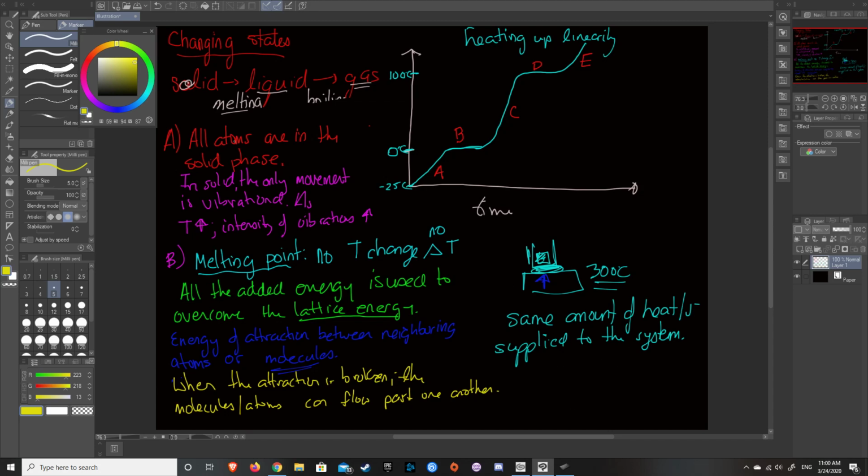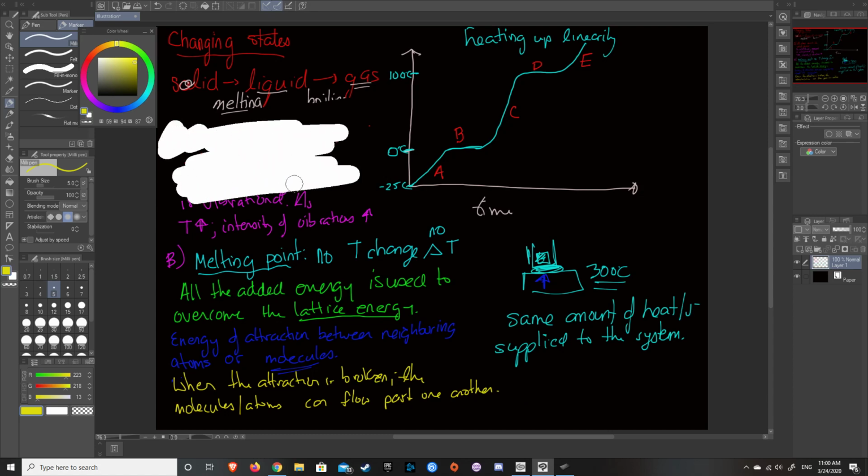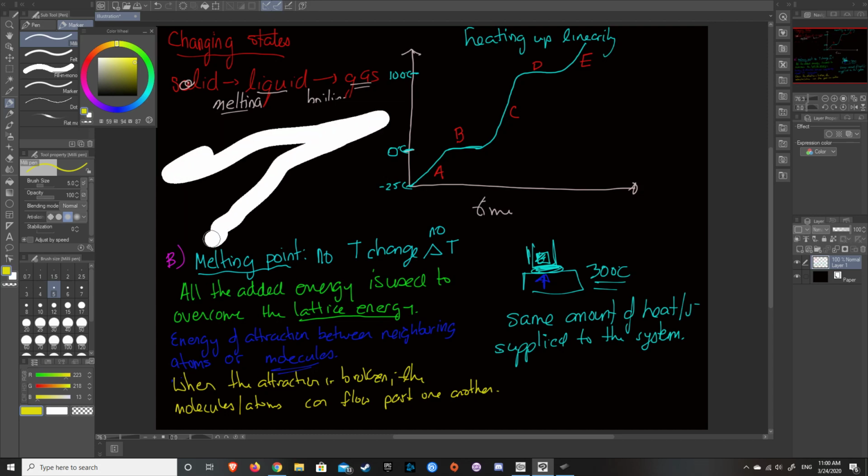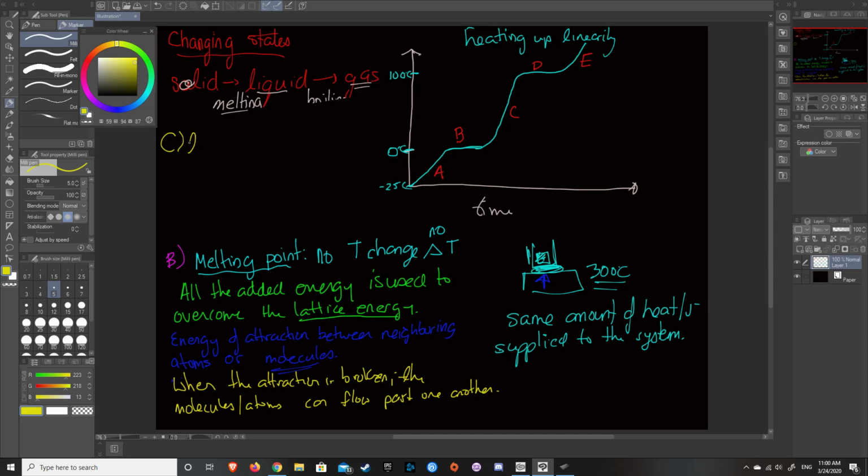So now that he can flow, we do section C. C is the liquid phase. So like we said, in the liquid phase, atoms can flow past one another.